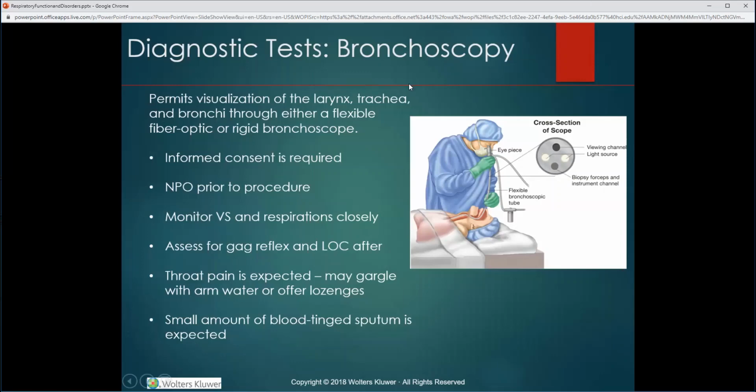Bronchoscopy, just like the EGD, just like the colonoscopy, same kind of idea. They're going in with a camera and they're looking inside the lungs, right? Inside the trachea, whatever area they're trying to look at. So they're going to be NPO, just like they would for colonoscopy or EGD.